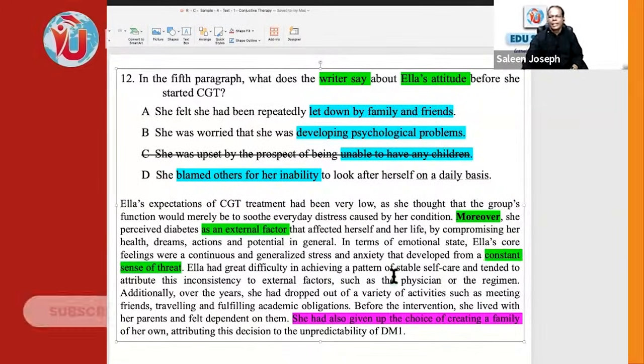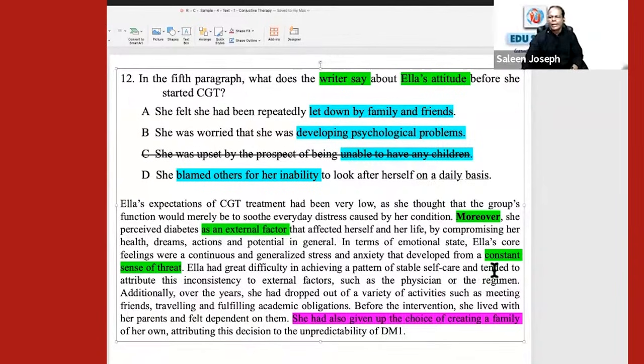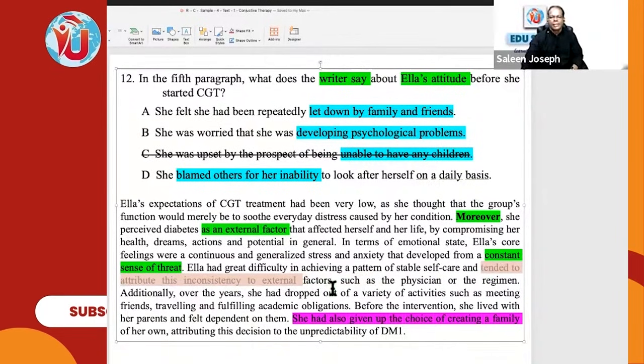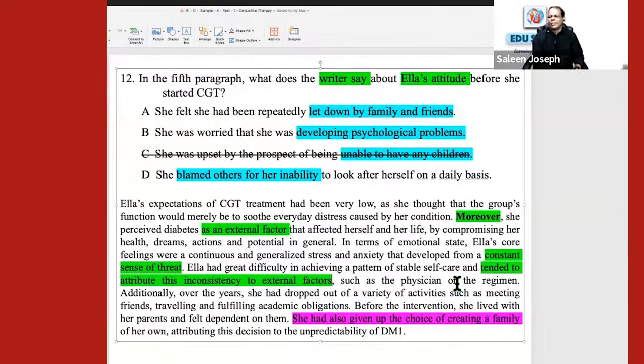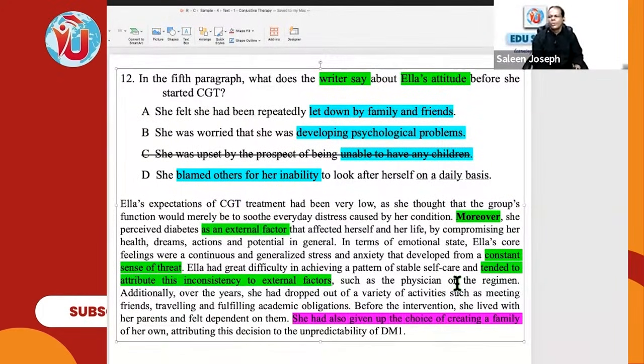Ella had great difficulty in achieving a pattern of stable self-care and tended to attribute this inconsistency to external factors. Tended to attribute means she could not do her self-care activities and she blamed external factors.